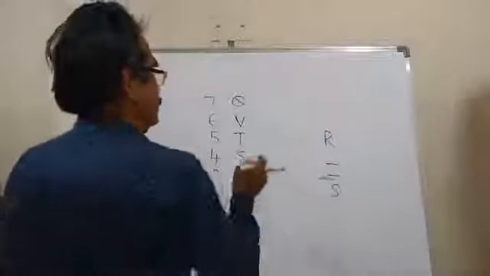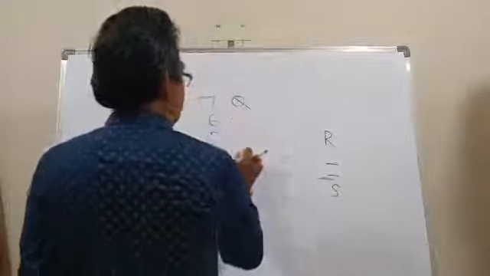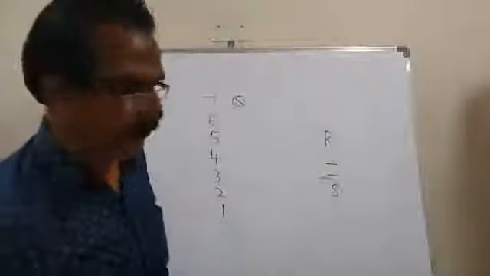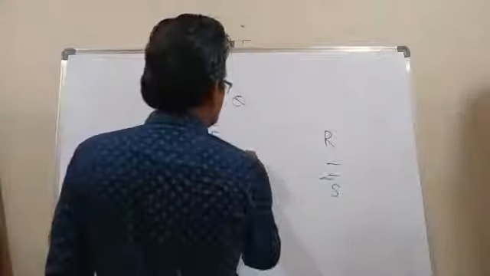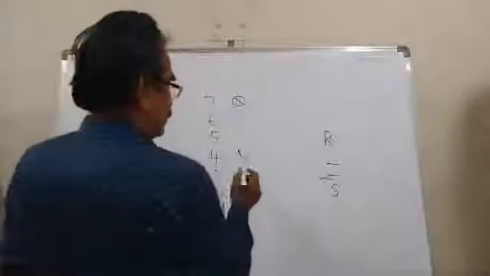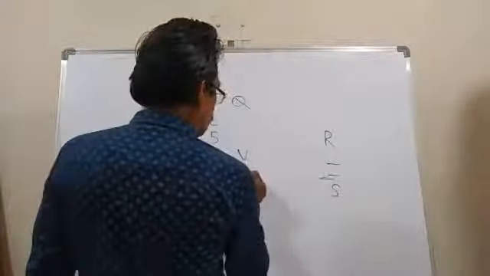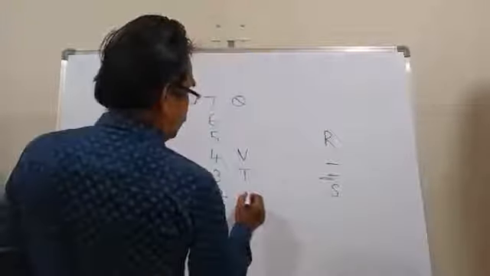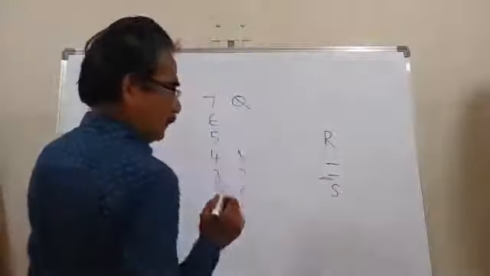Let us place V at 4th place. If V is placed here, then T will come to this place. Then S will come to this place.